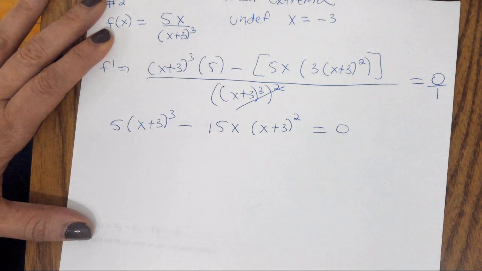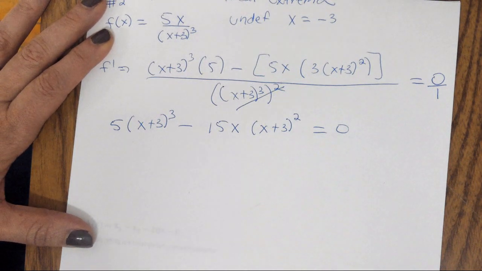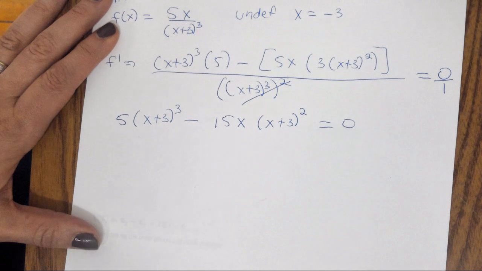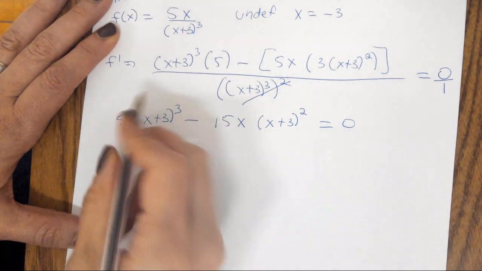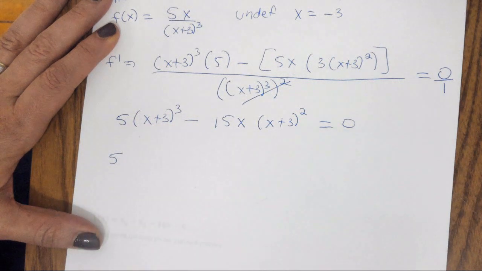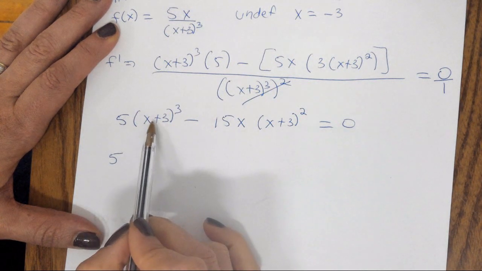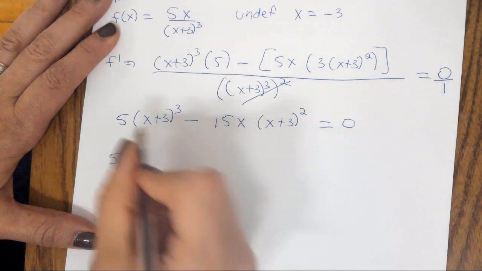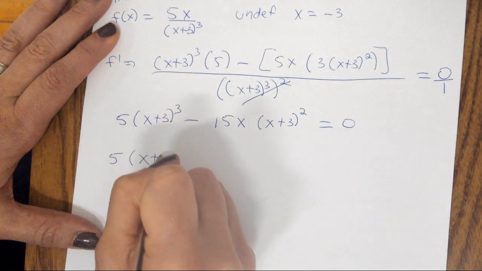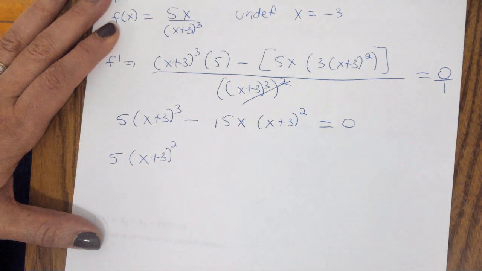So anytime we go to factor, we should always look for a GCF. And I can see if in both of these terms, I can factor out 5. But also notice I have an x plus 3, here it's cubed, and here I have x plus 3 squared. So in both of these, I have at least an x plus 3 squared.